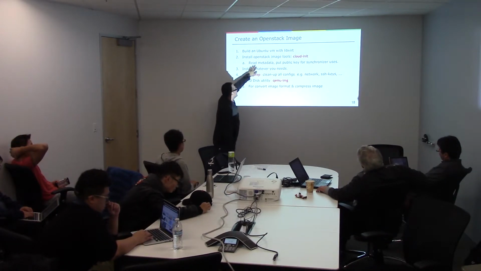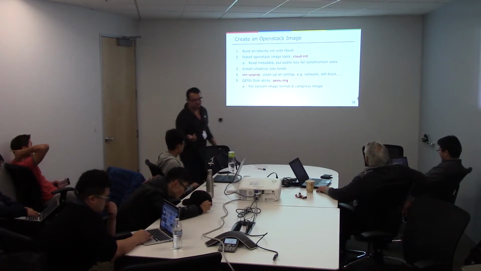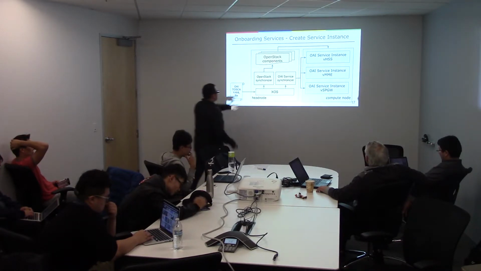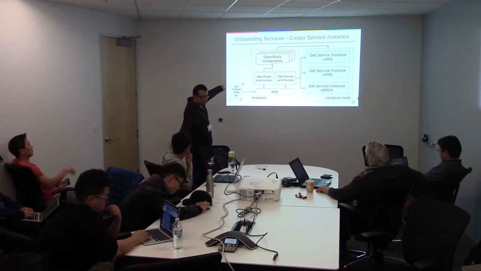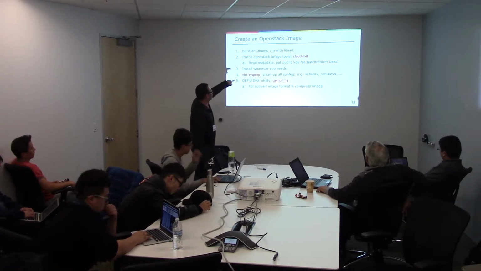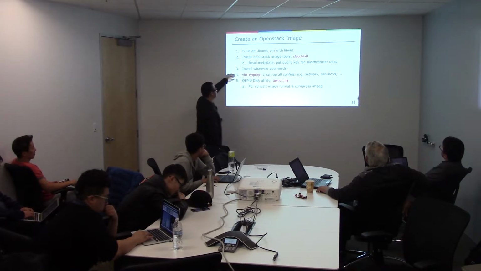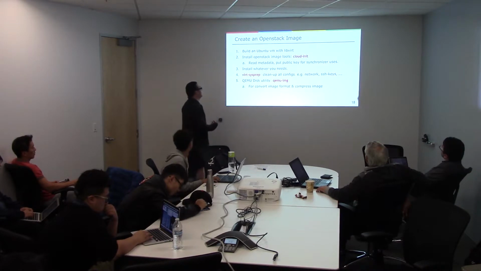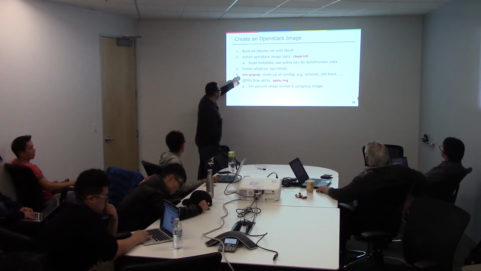OpenStack will read the metadata and put the public key for the synchronizer, because the synchronizer will access into a VM, right? So this tool will help us to put the public key inside it. And then you install whatever you need. For us, we install our OAI-EPC. Yeah. And then this is the most important step.